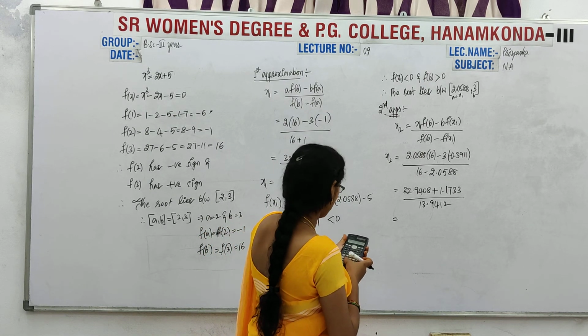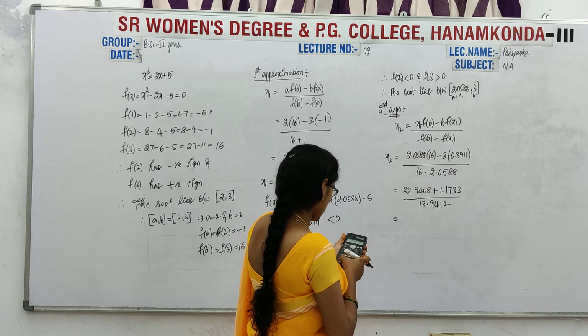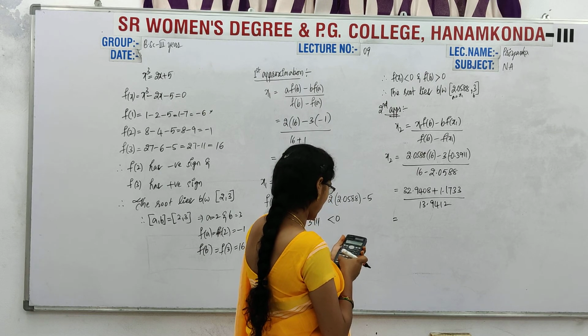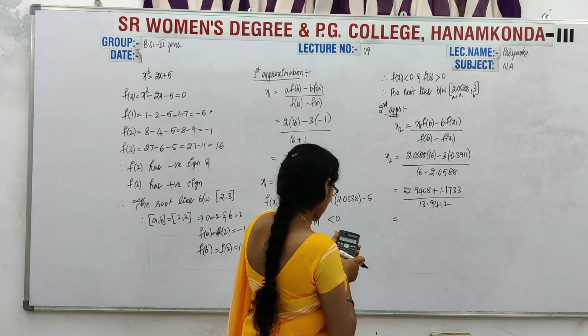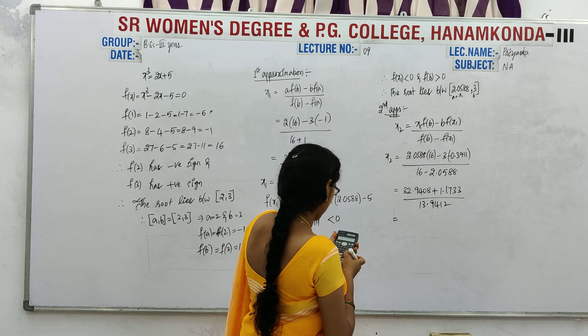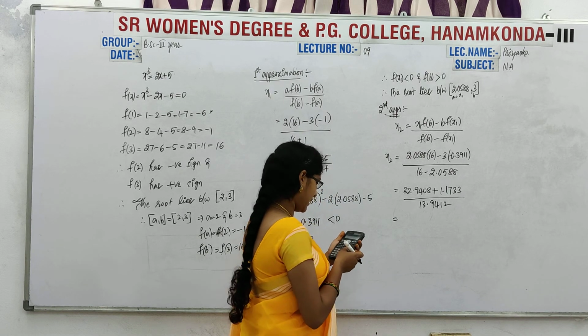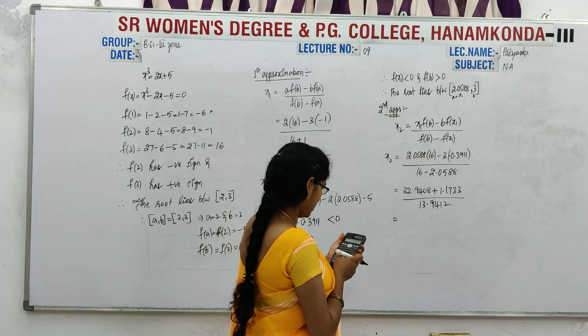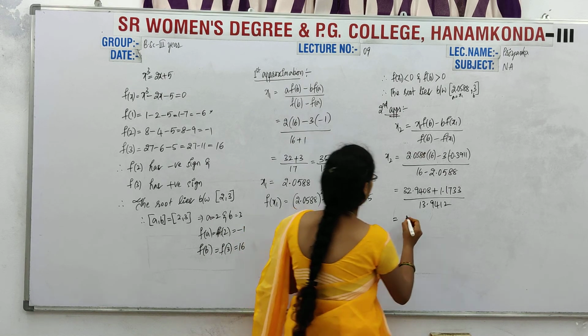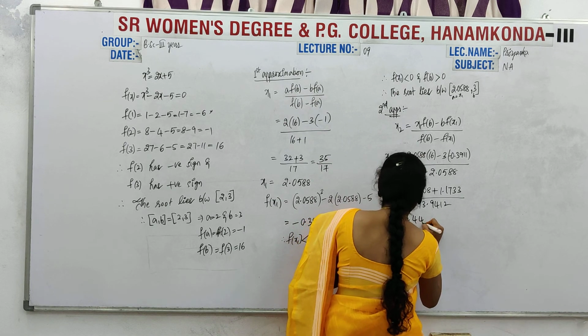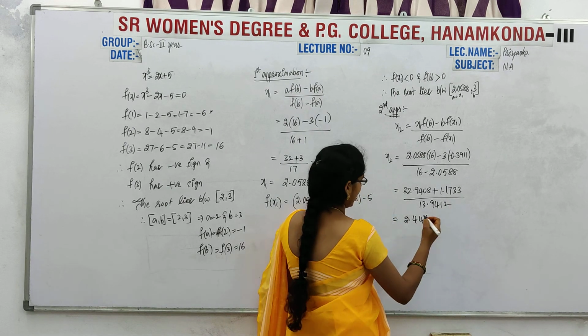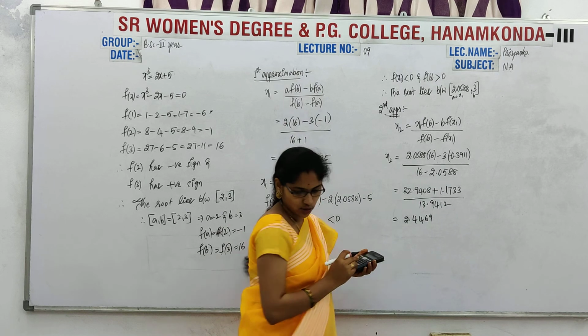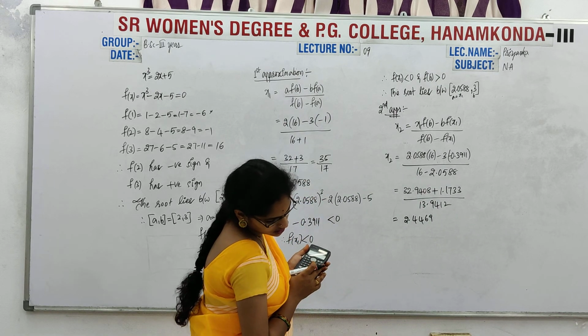Sorry, 32.9408 plus 1.1733 whole divided by 13.9412. Now it is 2.4469.